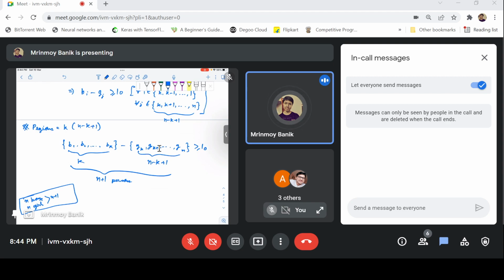So we have at least one pair in these n plus 1 persons.